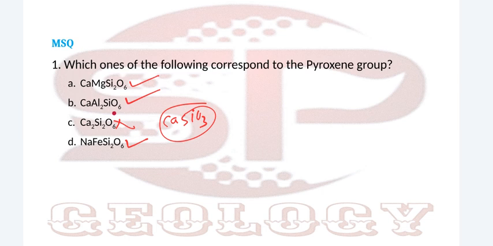And this one belongs to the pyroxene group. So these three, A, B and D, belong to the pyroxene group. So this is all about your MCQ and MSQ questions from 2015 to 2024.